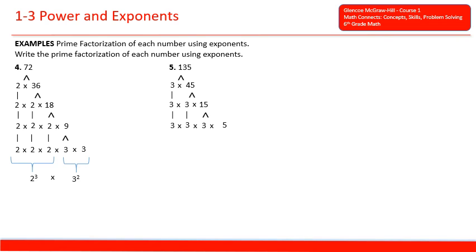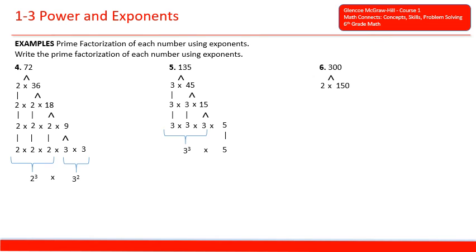So those are my prime factors, and now I need to make them exponents. So I have 3 3's, so it's 3 to the 3rd power, or 3 cubed, times 5, so 3 cubed times 5.